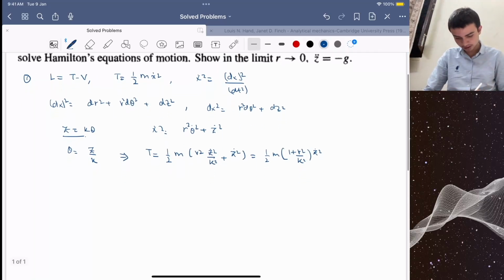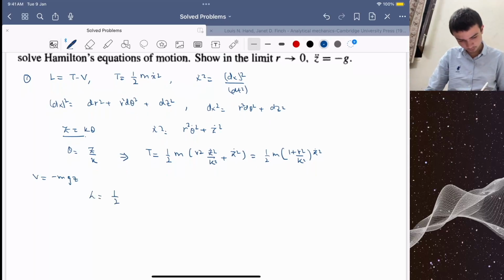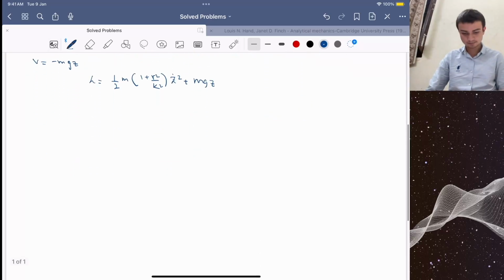As far as my potential is concerned, it is minus mgz. So my Lagrangian will be 1/2 m (1 plus r squared divided by k squared) z dot squared plus mgz. And this is my Lagrangian.